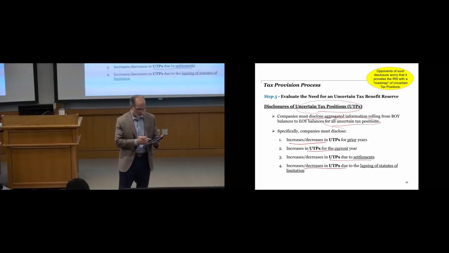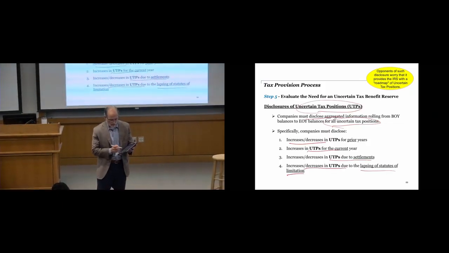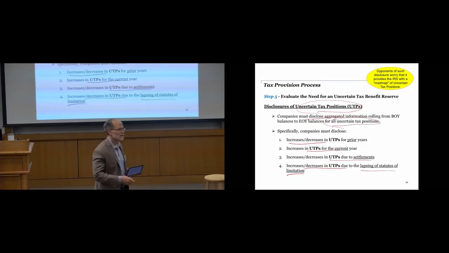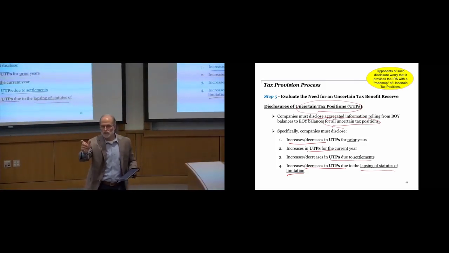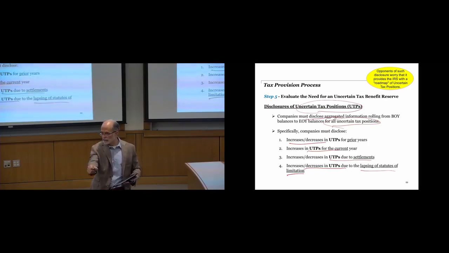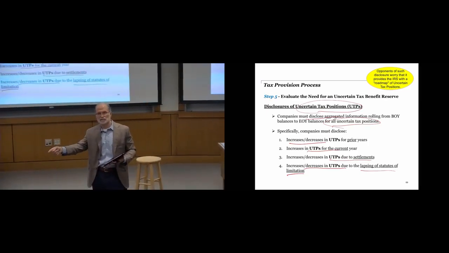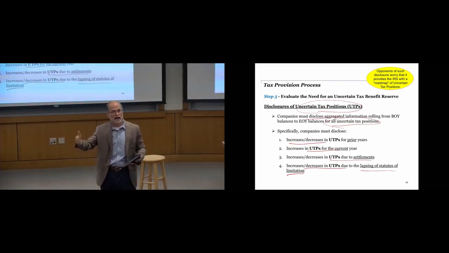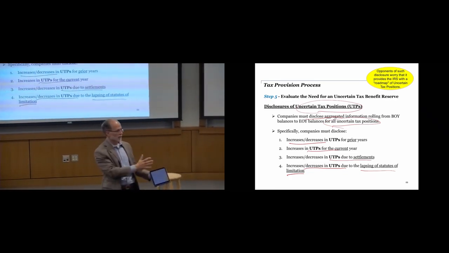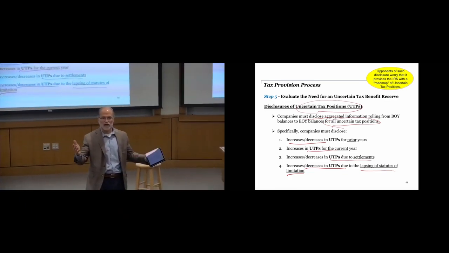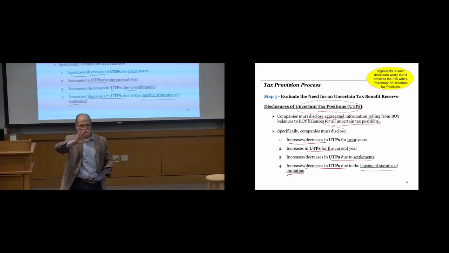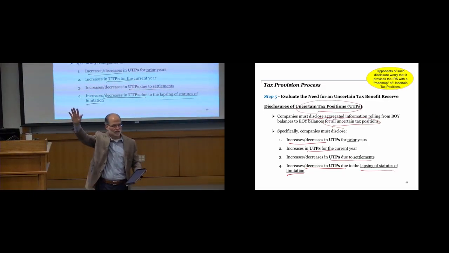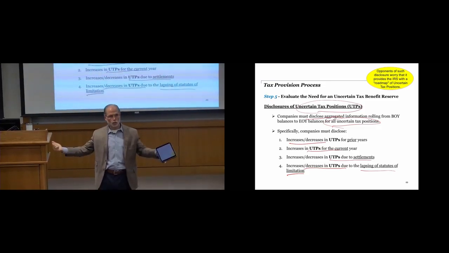Are increases or decreases to UTPs due to lapsing of statute of limitations? Statute of limitations, if you remember from individuals, is the amount of time from the filing of a tax return to when the government has to make a question about it, after which the year is closed. No questions can be asked. So if you have an uncertain tax position and the question never gets asked and the statute closes, you win.